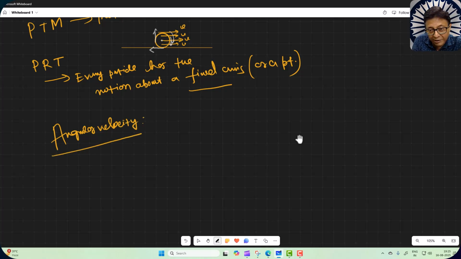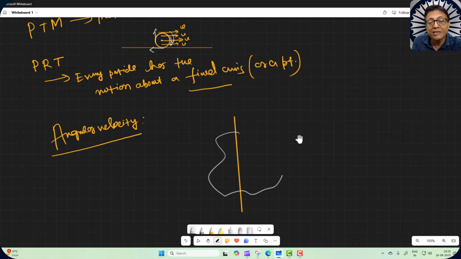How to define it? Suppose this is our axis of rotation and the rigid body is here. This is the rigid body. What is a rigid body?